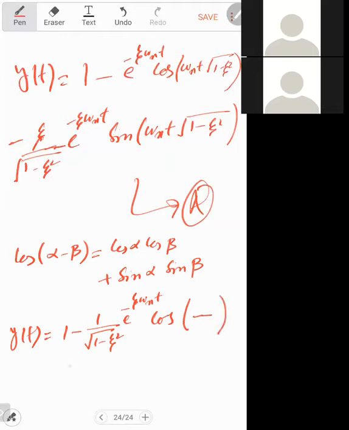That something will become equal to omega n t square root of 1 minus zeta square minus tangent inverse of zeta divided by square root of 1 minus zeta square. This is equal to this one. So you can also use the second expression.